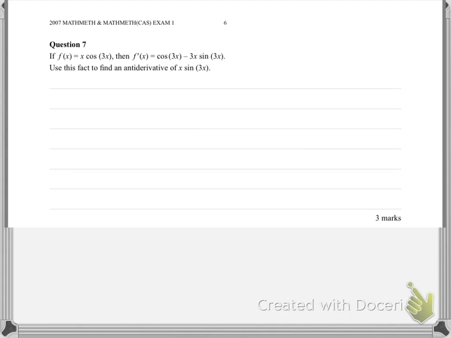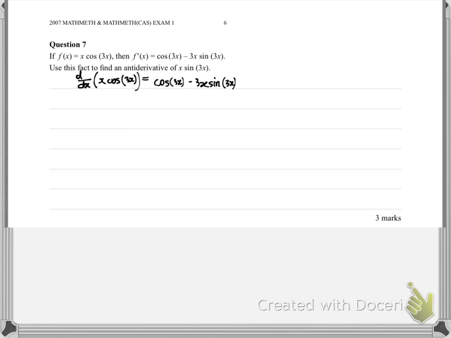Now we're on to some circular functions and some antiderivatives involving circular functions. So this kind of problem is integration by recognition. We've got to draw on the derivative fact first before we can do the antiderivative. So there we go, we differentiate our function of x, and it gives us that.